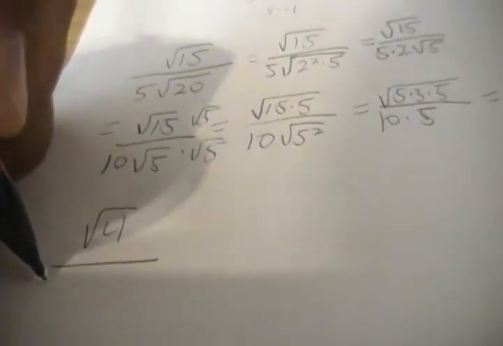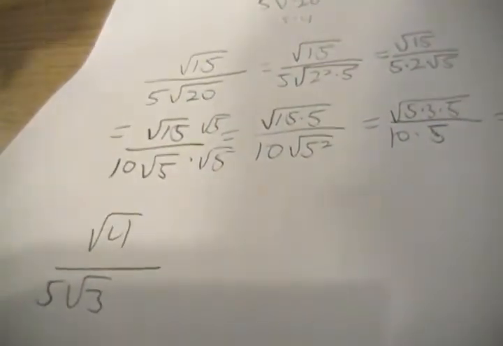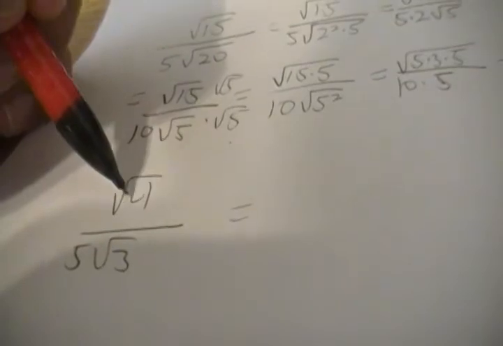Okay, let's say we had radical 4 over 5 rad 3. It's totally rad. Okay, so let's see. First thing is we want to see if we can simplify. So 4 is 2 squared, so square root of 4 is 2, over 5 rad 3. Now again, we don't want to have any radicals in the bottom, so we multiply both top and bottom by rad 3.